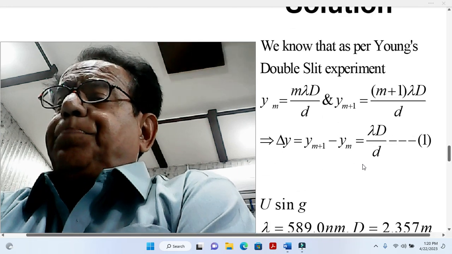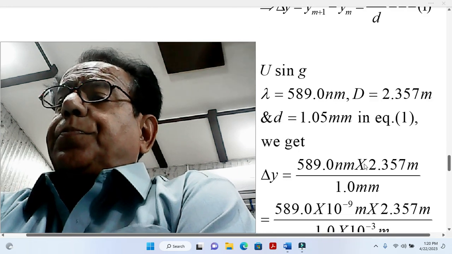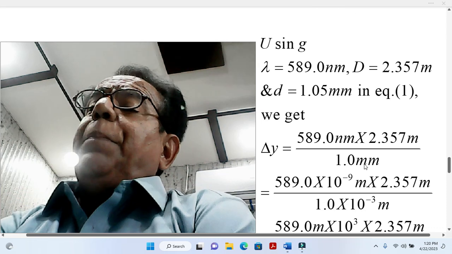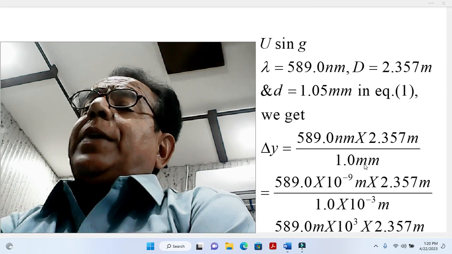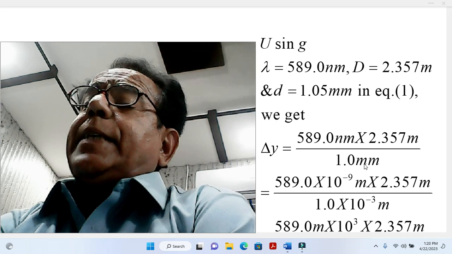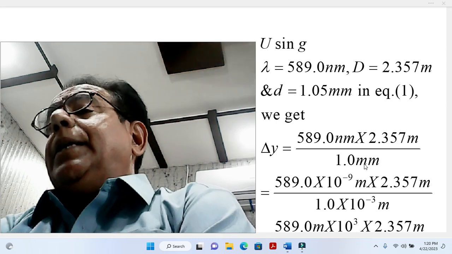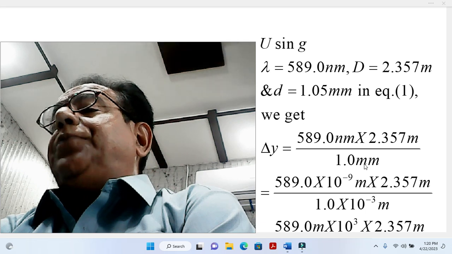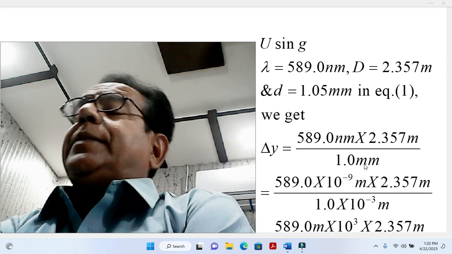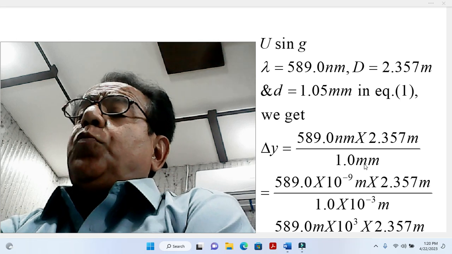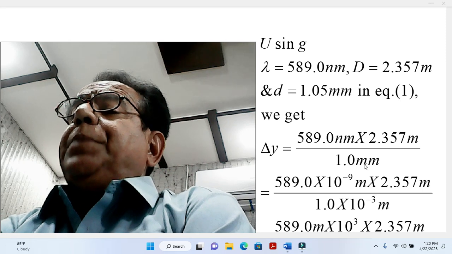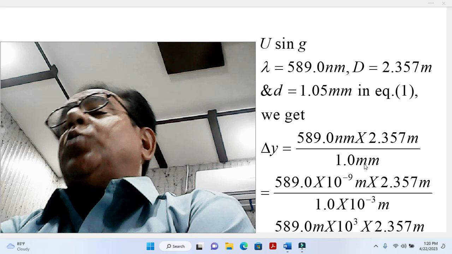Now, using lambda equal to 589.0 nanometer, this thing is given in this statement. Capital D is equal to 2.357 meter, this is also given in this statement. And small d equal to 1.05 millimeter, this is also given in this statement.